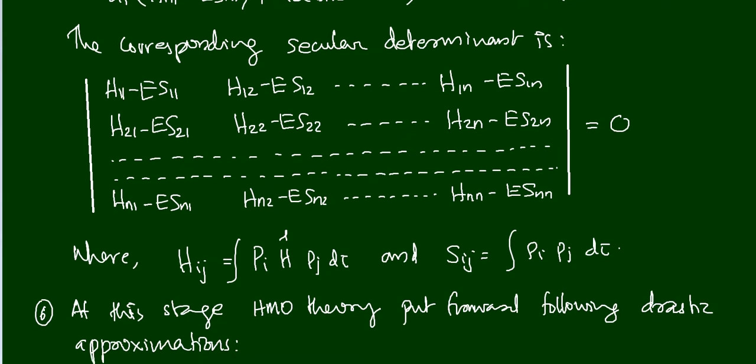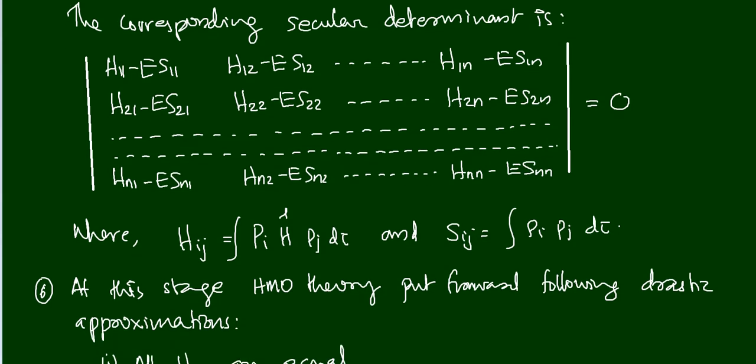Okay, and here you already know what are H11, H12, S11, S12, etc. And just to remind you, I will write it here: Hij is equal to integral Pi H cap Pj d tau, and Sij is equal to integral Pi Pj d tau. Okay, and at this stage, the Hückel molecular orbital theory puts forward the following drastic approximations.